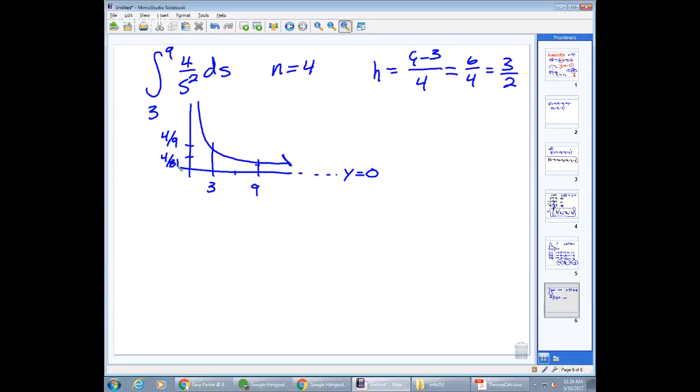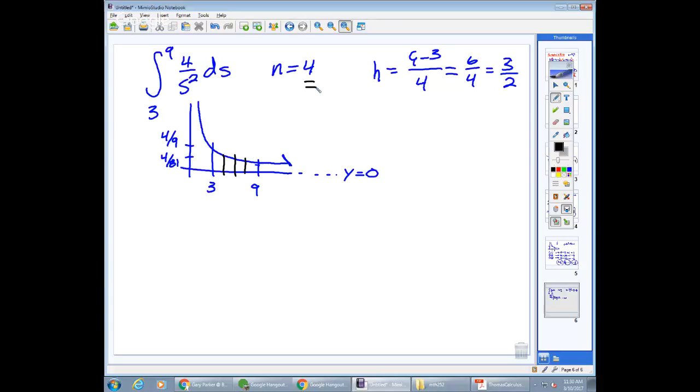We are breaking this into 4 subintervals. Sometimes I draw those right in here, cut it in half again, so I can see where they are. So we're going to end up with how many parabolas here? 2 parabolas, right? Remember, n has to be an even number to use Simpson's rule. So we're going to have some parabola through here and another parabola through there. We don't actually have to calculate those parabolas because Simpson's rule simplifies that process for us. All we need to know are the y values.